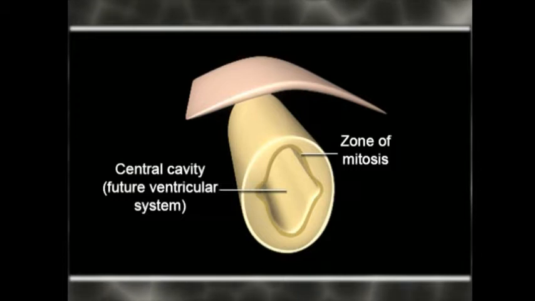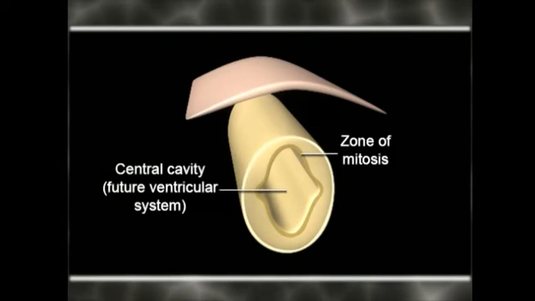But once a cell decides it's going to be a neuron, then it develops very differently from these other cells, which we will learn about later, that are called supporting cells of the nervous system. Now, let's focus back on the neurons.